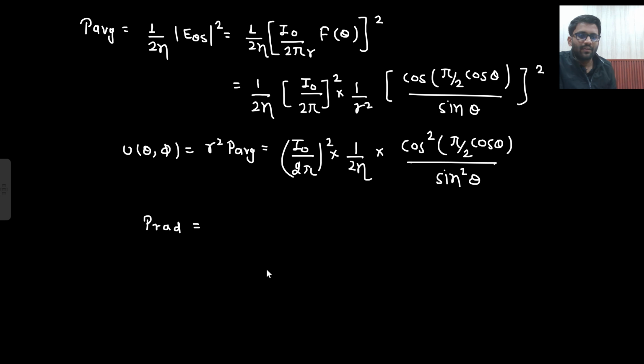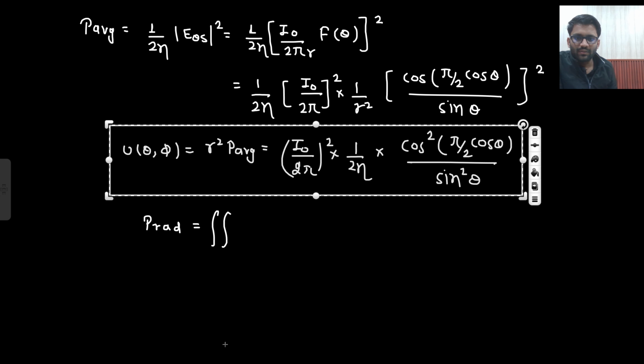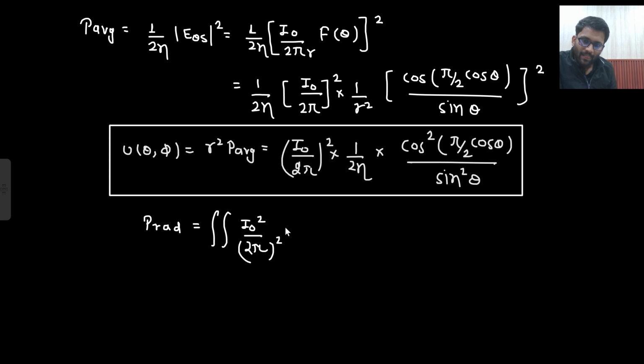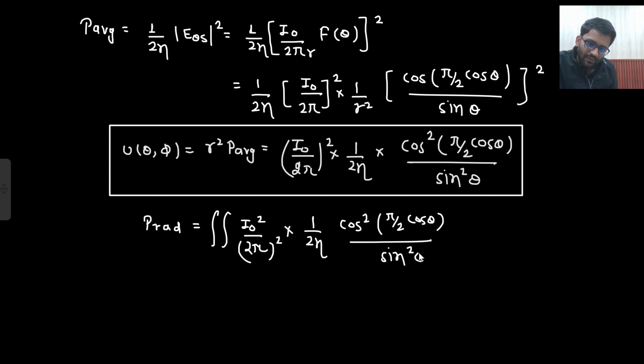Now what we need to write down? P radiated. So what is P radiated? This should be kept in a box. This thing I need to pick up: I naught square by 2 pi square into 1 by 2 eta, then cos square of pi by 2 cos theta divided by sin square theta into sin theta d theta d phi, and then you need to take the range as well, theta from 0 to pi and phi from 0 to 2 pi.